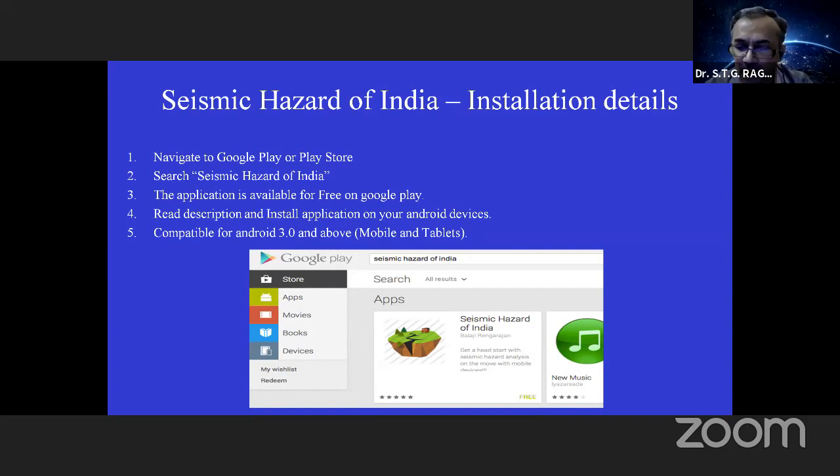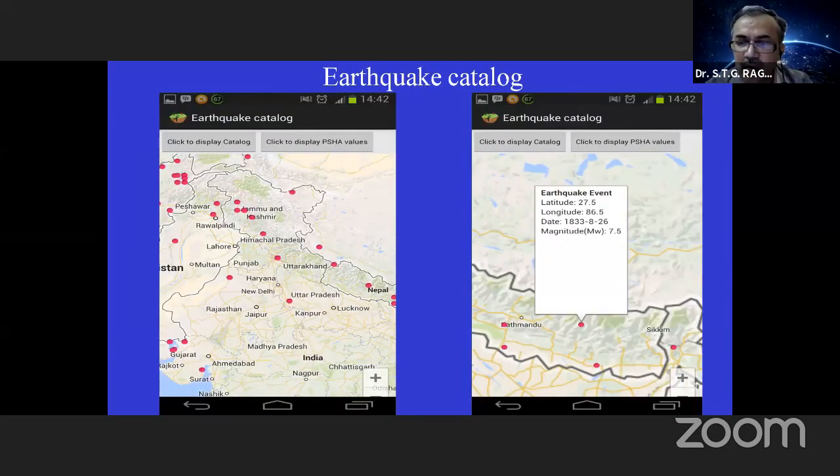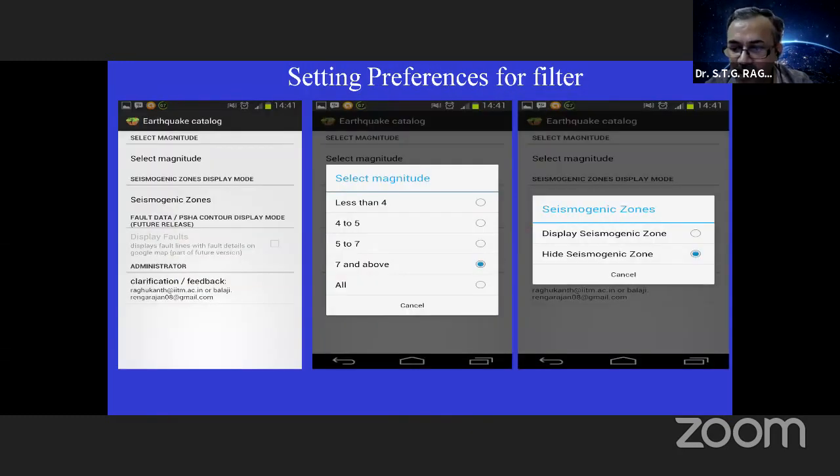You can download it on your mobile and open this app. You will get all the design values, whatever I have told you, everything you can find in this app itself. If you display the catalog and click on any event, it tells you the latitude, longitude, what date this earthquake occurred, and what the magnitude was. And you can do many seismogenic zones. Everything can be plotted. Even the faults can be plotted in this app itself.